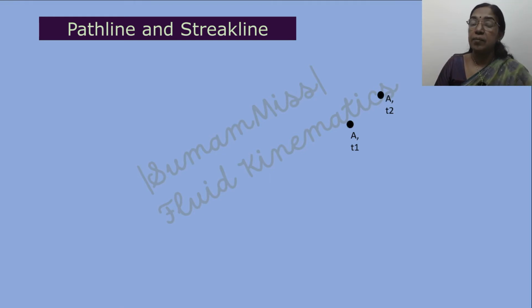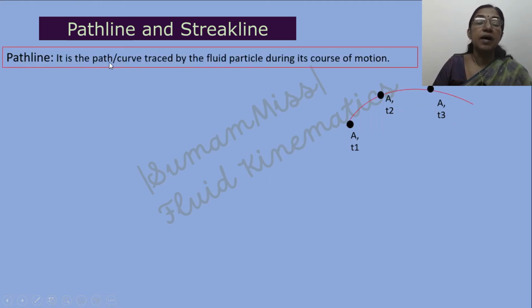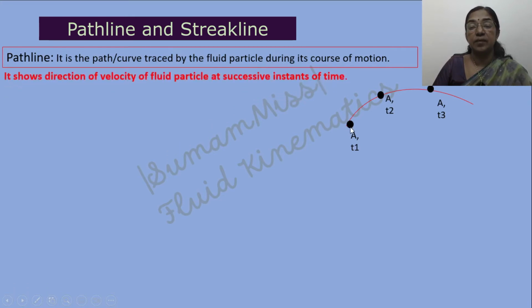And when time equal to t3, this fluid particle moves to this position. If you join all these positions by means of a line, it represents the pathline, or the path or curve traced by the fluid particle during its course of motion. So it gives the instantaneous direction of the velocity.